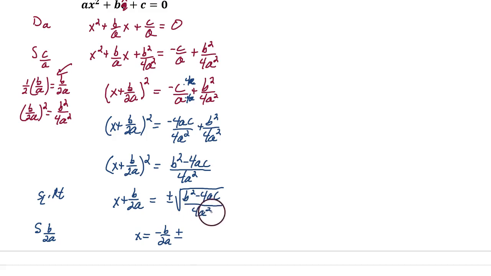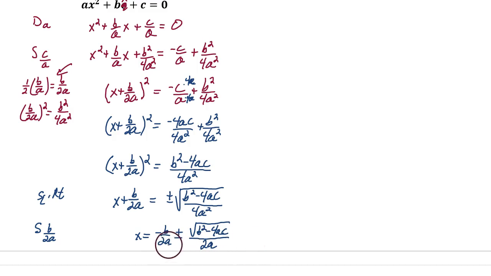Now take a look at this square root right here. We can't really do much with the square root of the numerator, but the denominator is a perfect square. We can find the square root of 4a squared. It makes 2a. So we'll have the square root of b squared minus 4ac as our numerator, and in the bottom, a 2a.